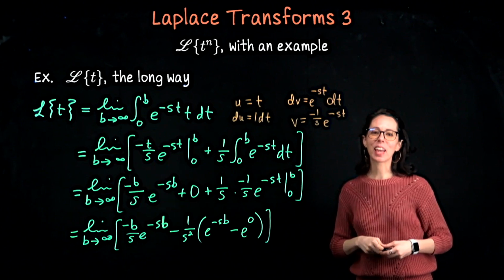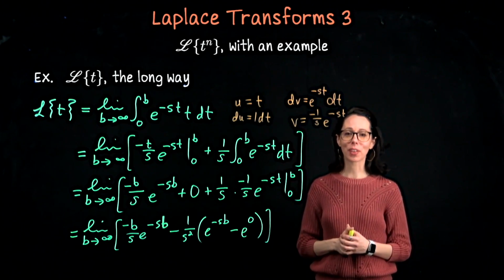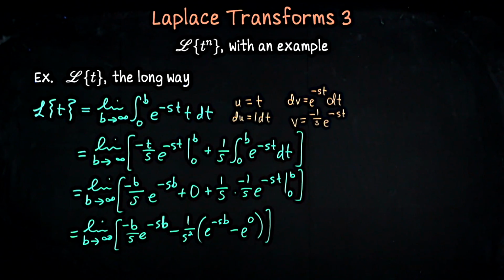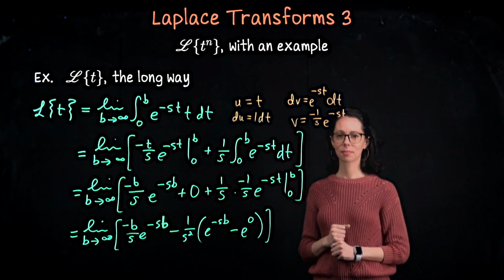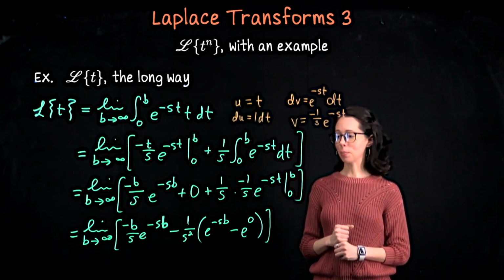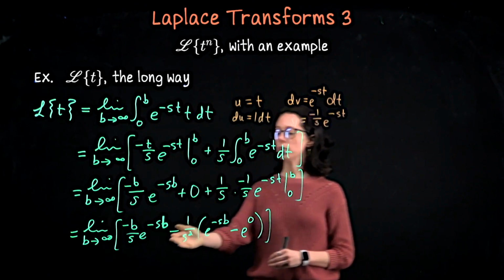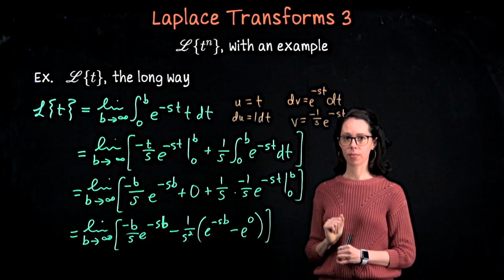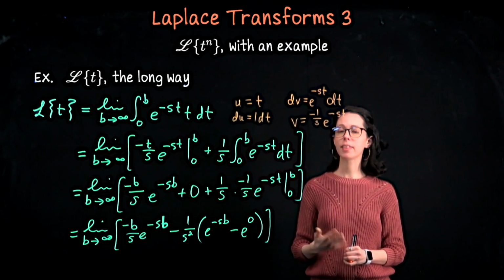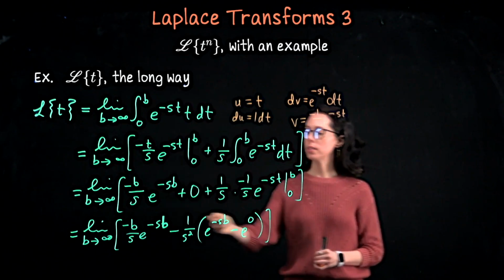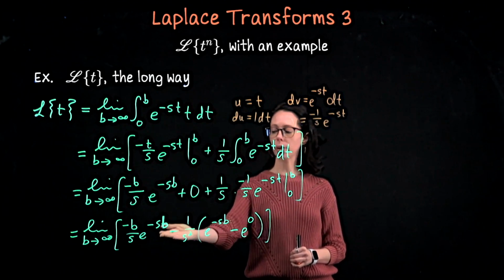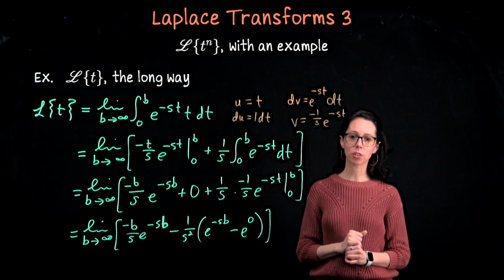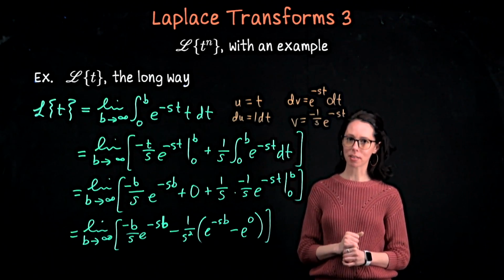Let's pause for a second and analyze this expression as b goes to infinity. We've seen this argument a couple of times. We have this exponential term e to the negative sb. If s is positive, negative s is negative, and then b is going to infinity. So this expression here that we're raising e to goes to negative infinity, which means this exponential term goes to 0 whenever s is positive.